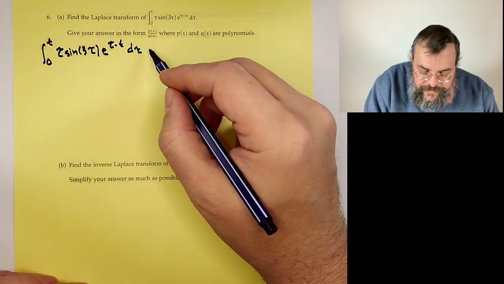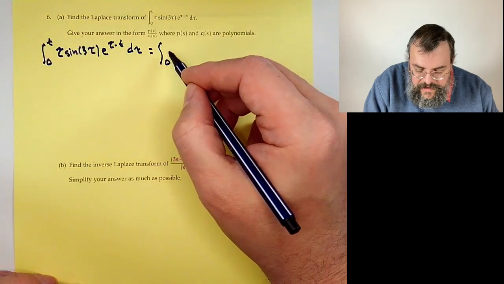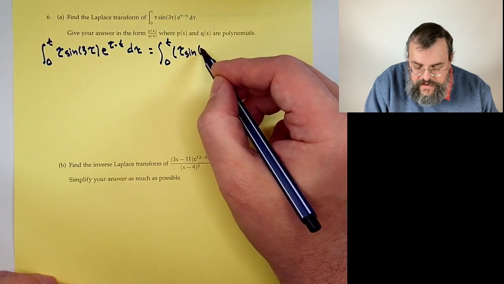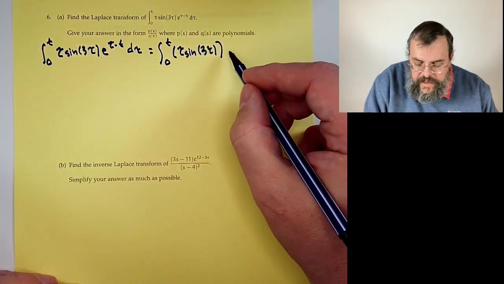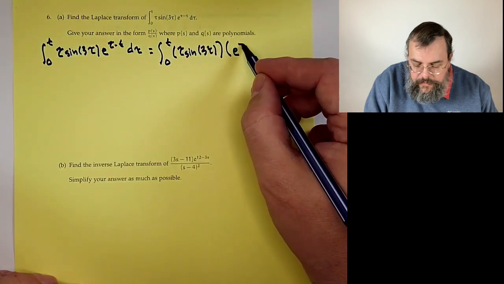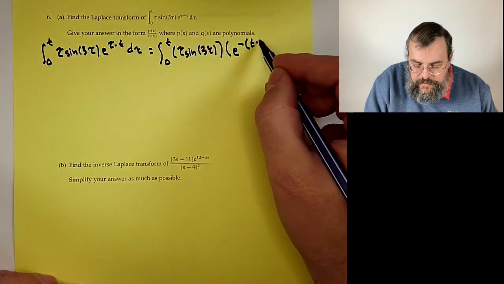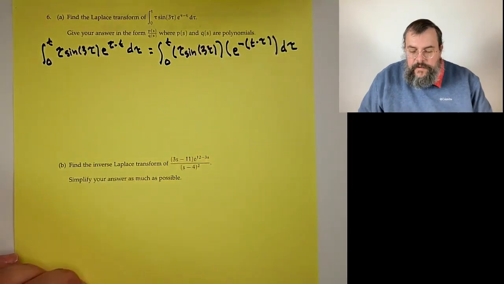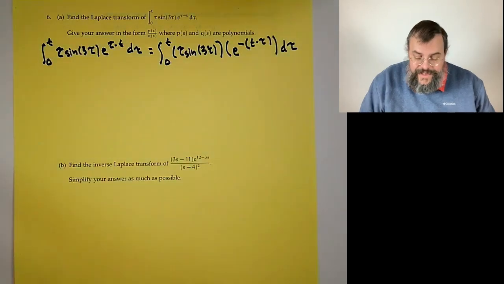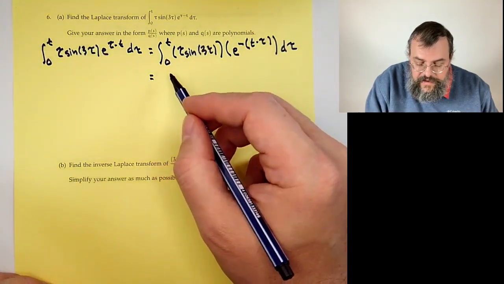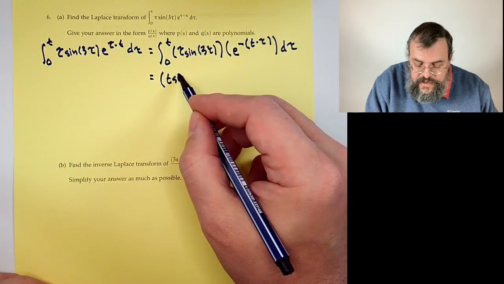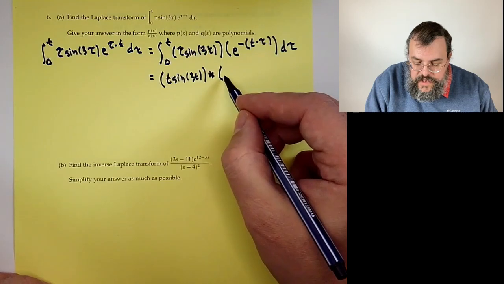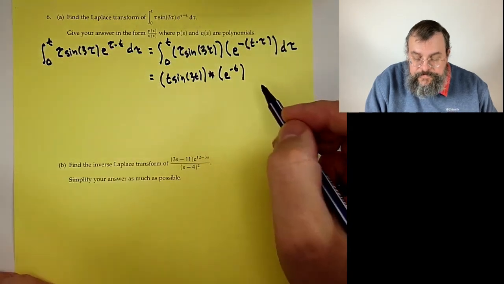Easy fix. So this is the integral 0 to t of tau sine of 3 tau, and now here we can pull out a minus: minus, t minus tau. So what this really is, is the convolution of the function t sine of 3t with the function e to the minus t.